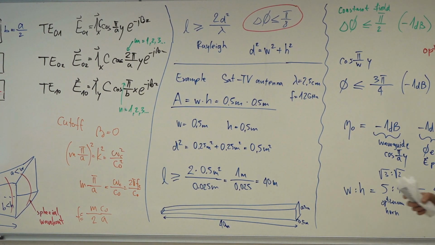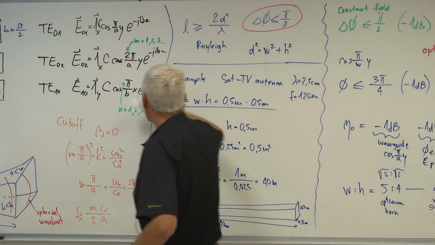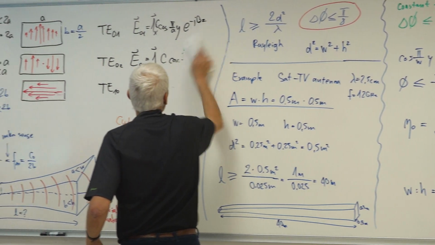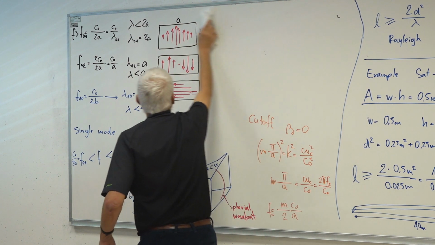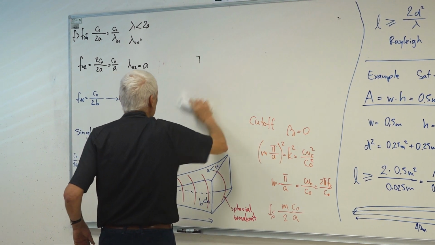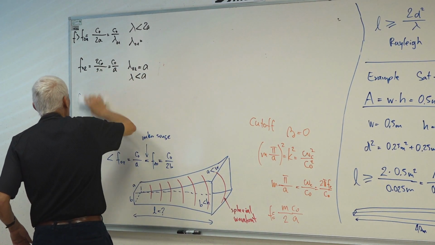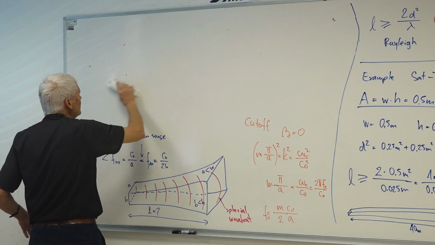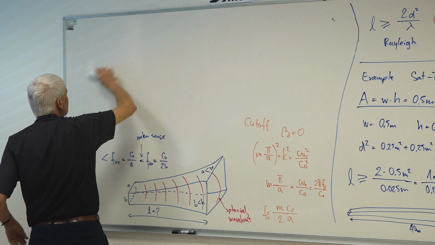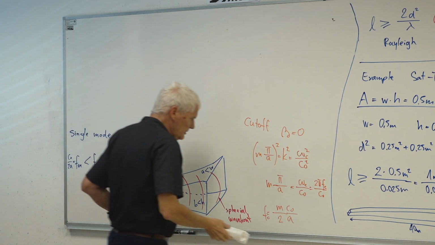I should get some space on this table here. With circular waveguides, I also have higher order modes. And of course, if I have circular geometry, everything is related to Bessel functions. That's typical.